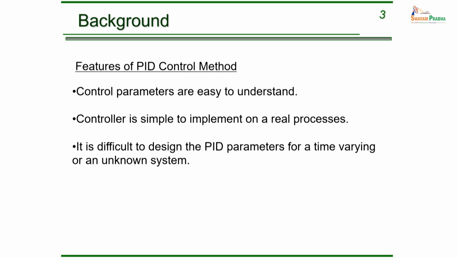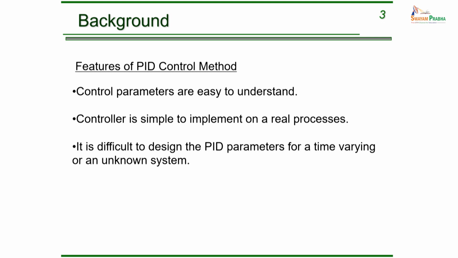The features of the PID control method. PID stands for proportional integral derivative control. These control parameters are fairly easy to understand. The controller is also simple to implement on a real process, relatively simple to tune.